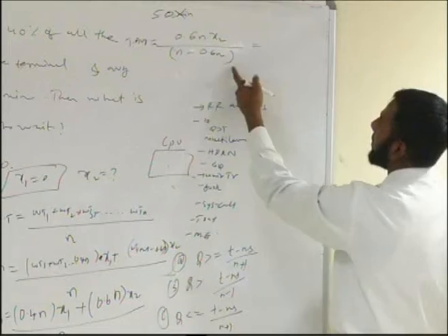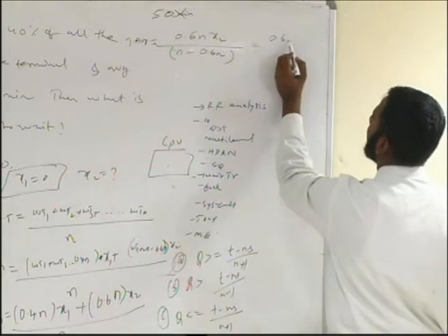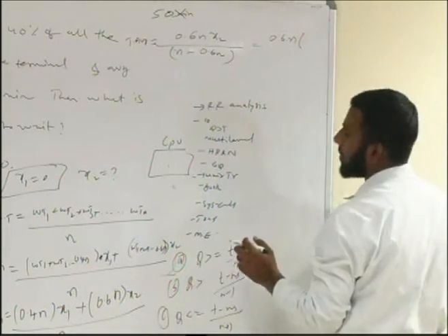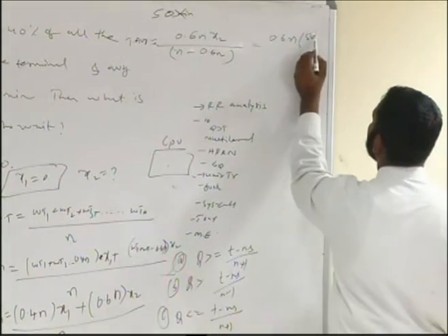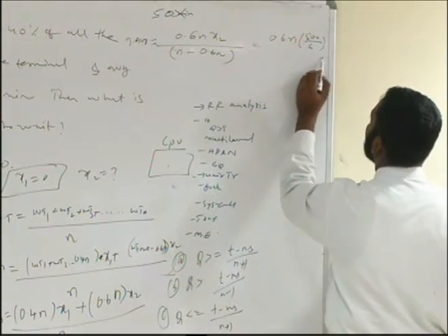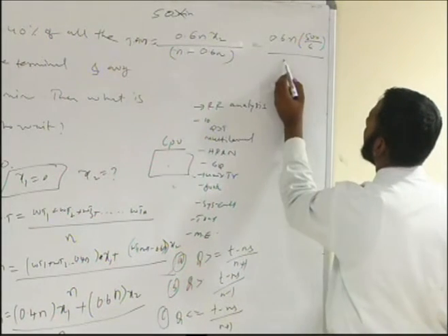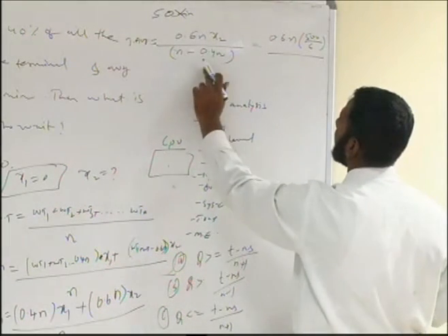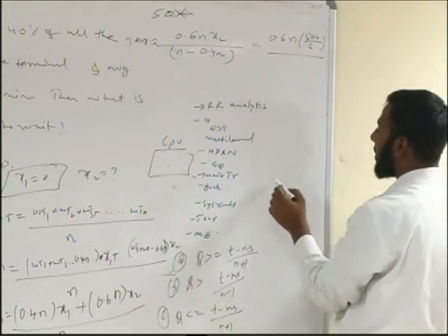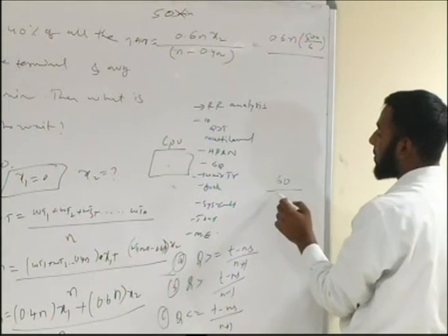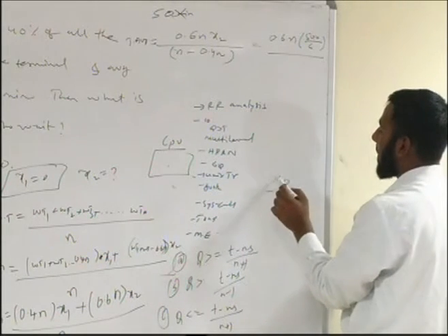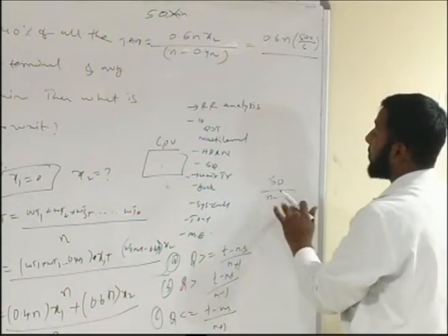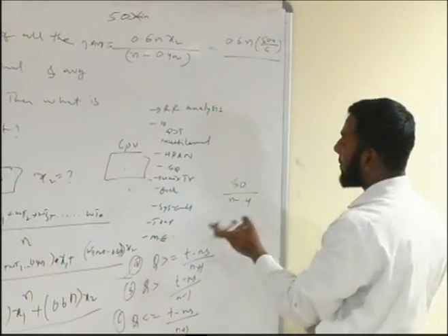We already know the value of 0.6 n into x2, which is 500 by 6, divided by the number of processes that wait. How do you find the average? The total number, n minus 40%, gives us 60%.